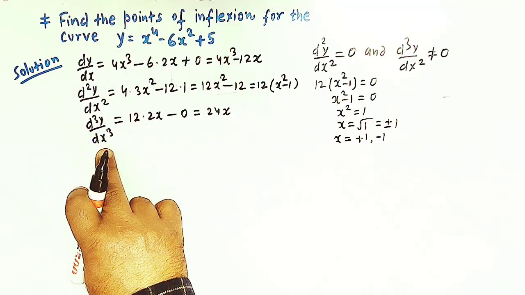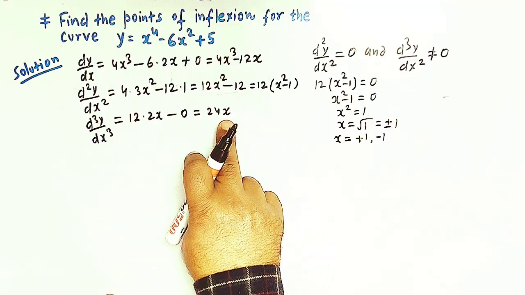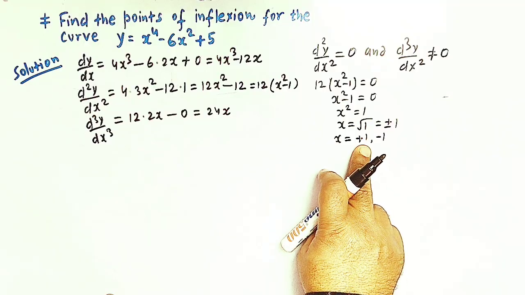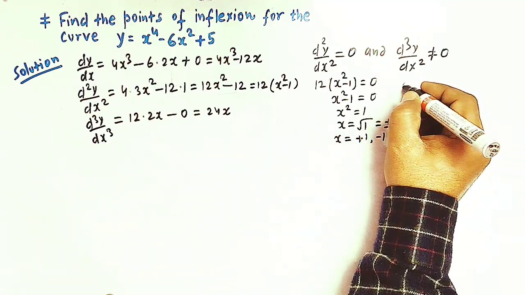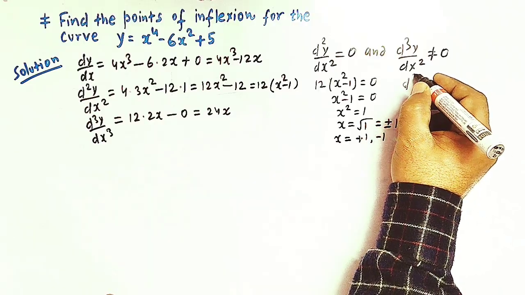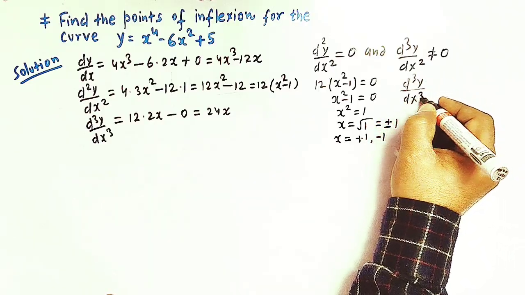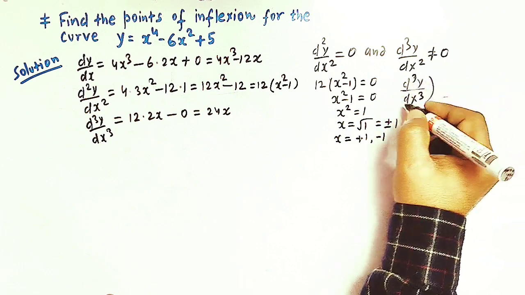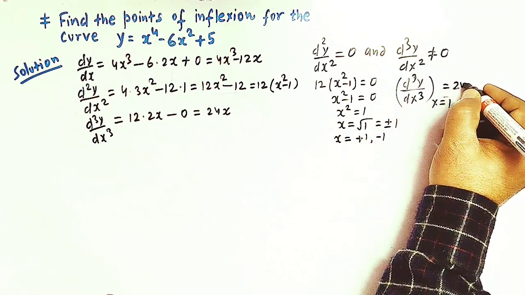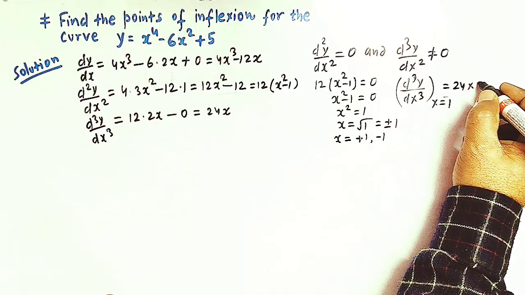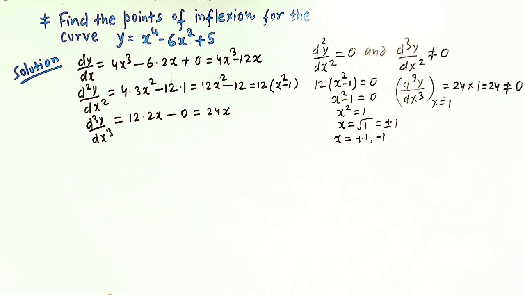So here the third derivative is 24 times x. So let us substitute x is equal to 1 in the third derivative. So we have here d3y over dx3, and taking x is equal to 1, we have 24 times 1, that is 24, which is not equal to 0, right?